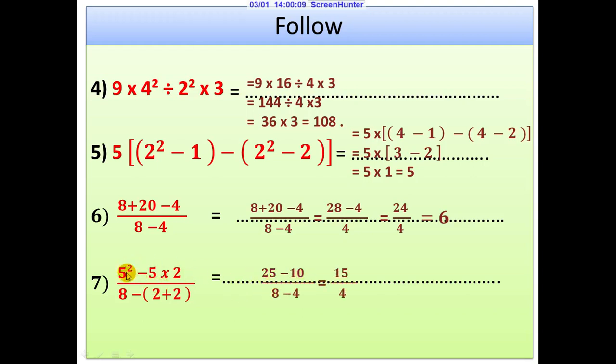We do the power and then the multiplying operation and keep the subtraction operation as it is in the numerator. Down here we do brackets, so keep 8 minus and do the brackets, it will be 4. Finally, we can do the numerator, 25 minus 10, it will be equal to 15 over 8 minus 4, which is 4. Finally, it will be equal to 15 over 4.